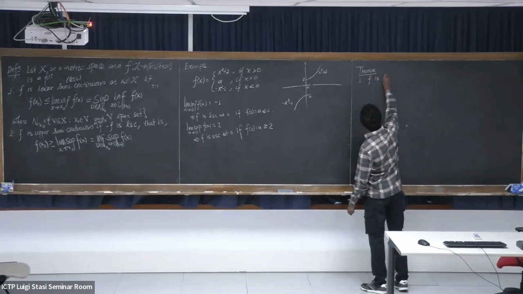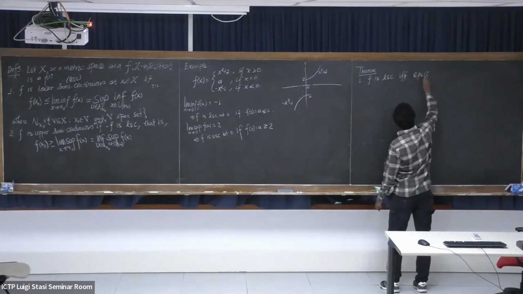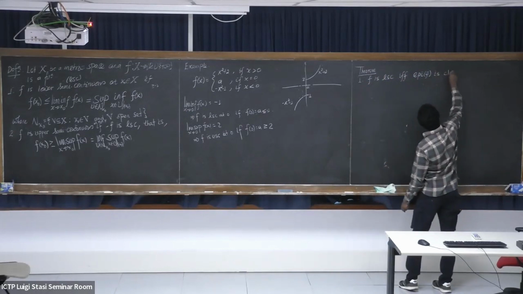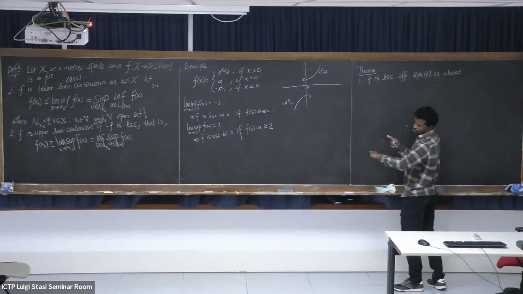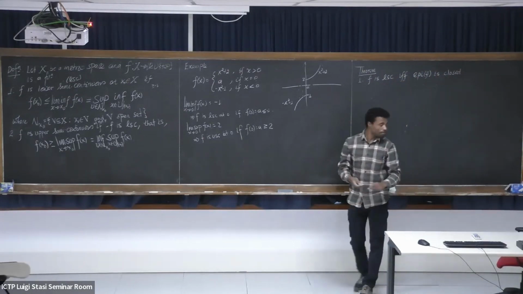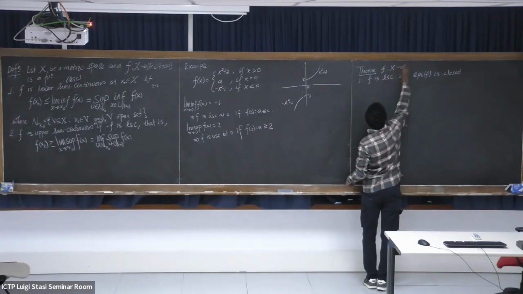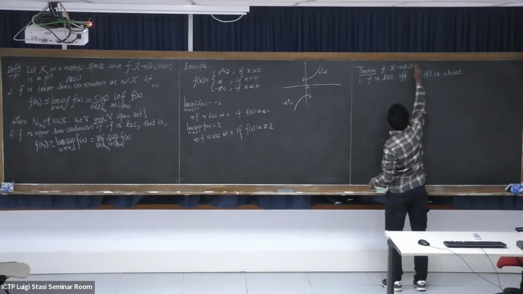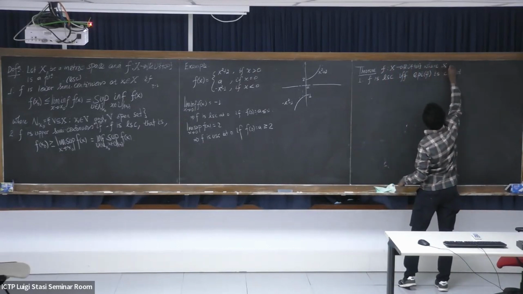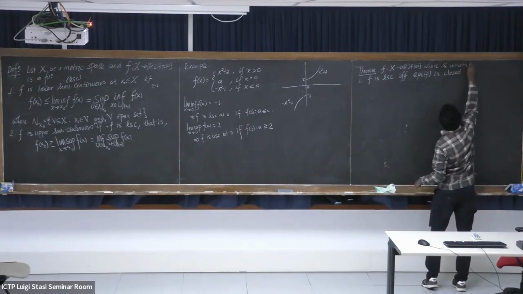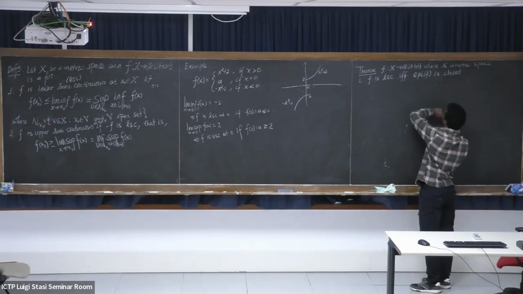F is lower semi-continuous if and only if the epigraph of F is closed.